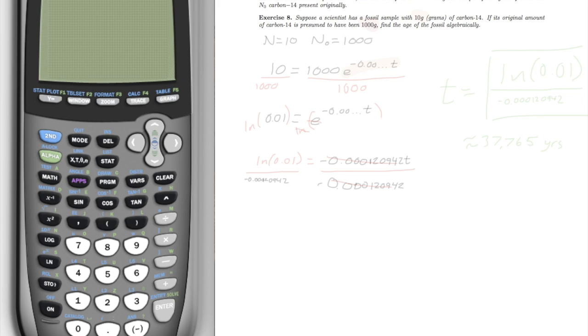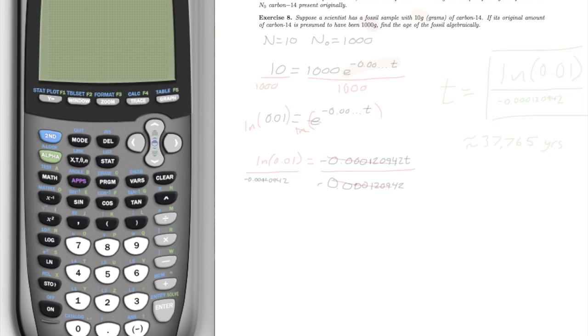So that should have a negative out in front of the exponent. Let's put that in there. Alright, that will fix our results in the long run.